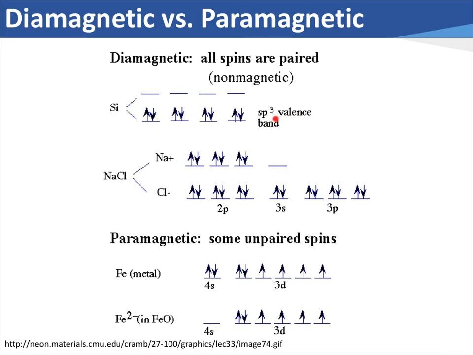If it's sp3 bonded, sodium chloride, the sodium ions and the chloride ions, all the electrons are paired. Paramagnetic, something like iron, that has some unpaired d electrons. Even in its ionic form, when the 4s electrons are removed, there are still unpaired electrons. And those unpaired electrons mean that this iron will react to the presence of a magnetic field.